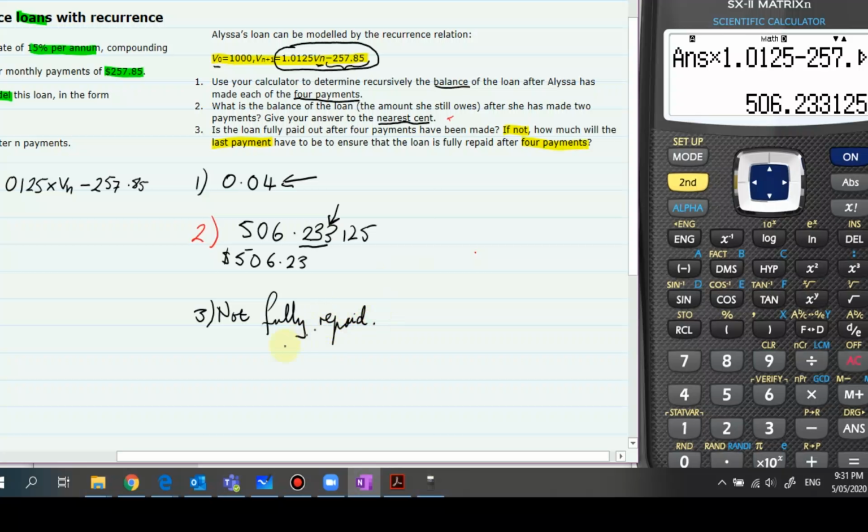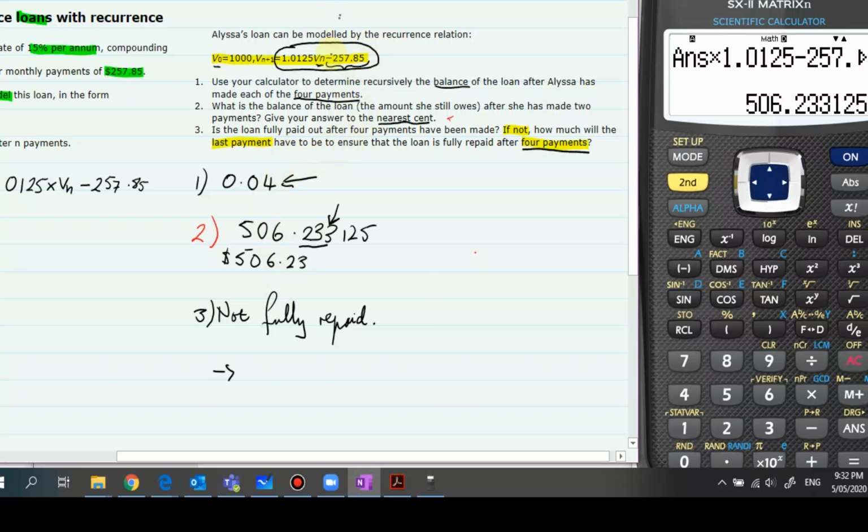Okay, how much is the last repayment going to be? It has to be the normal repayment. So this is for the 4th repayment, remember. We're not making an extra repayment, but that 4th repayment, instead of being $257.85, we need to add our 4 cents to it to cut that next bit down. Because of the way that money's rounded, this is a rounded figure to pay off the loan in 4 repayments, but being rounded, it means that last repayment is just out.